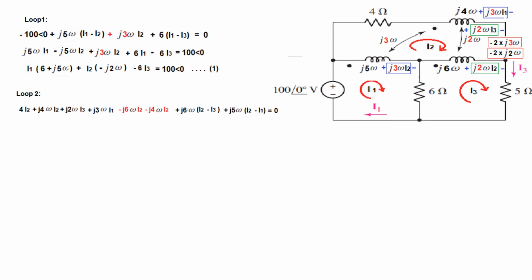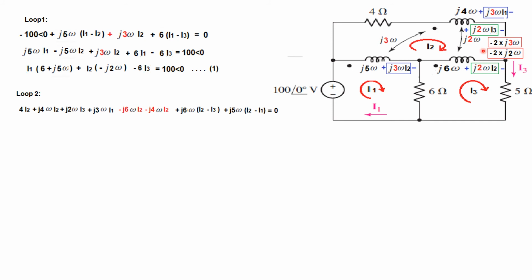And then we have these two mutual inductances, so we multiply them by the current to get the voltage. So this is minus j6 omega multiplied by the current I2, and here it is minus j4 omega multiplied by I2, so minus j4 omega I2.